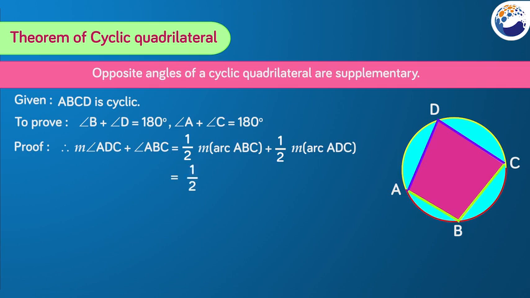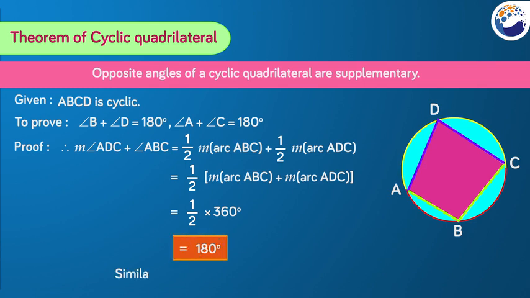Therefore, half measure of arc ABC plus measure of arc ADC is equal to half into 360 degree, is equal to 180 degree. Similarly, we can prove angle A plus angle C is equal to 180 degree.